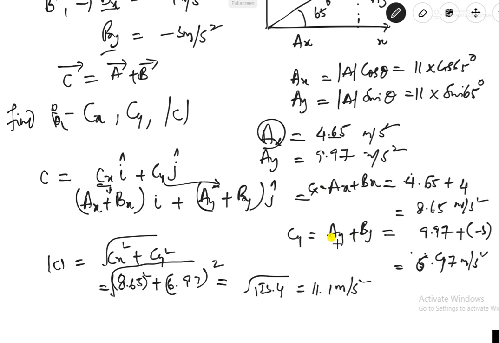Cy is equal to Ay plus By, that is 9.97 minus 3, so we are reducing it, giving 6.97.